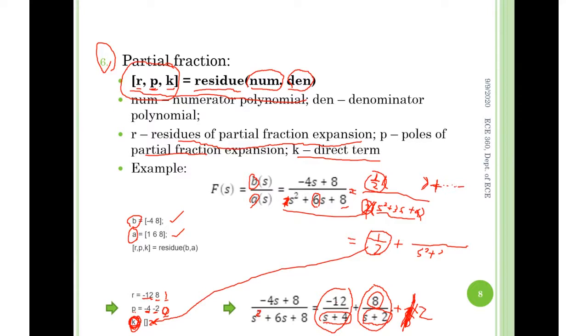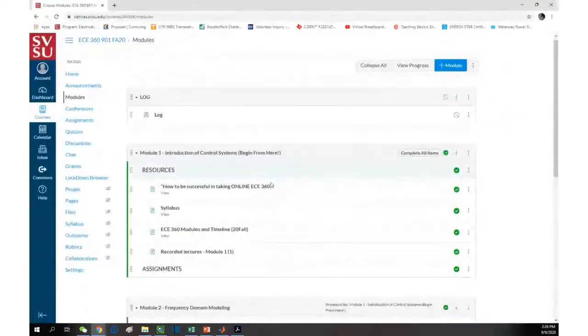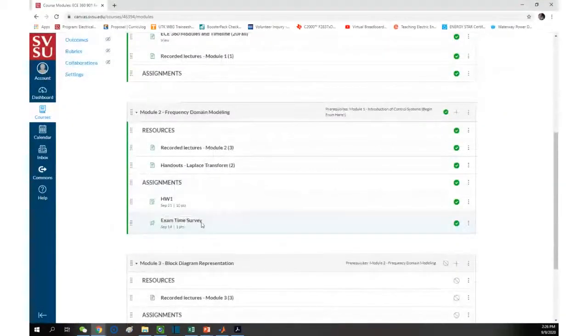Okay, thanks. I have a question, where can we see the exam survey? I didn't see any folder or anything like that. Here, let me show you. In Canvas, you go to the modules. Can you see it now? Module 2 and the exam survey. It's September 14.